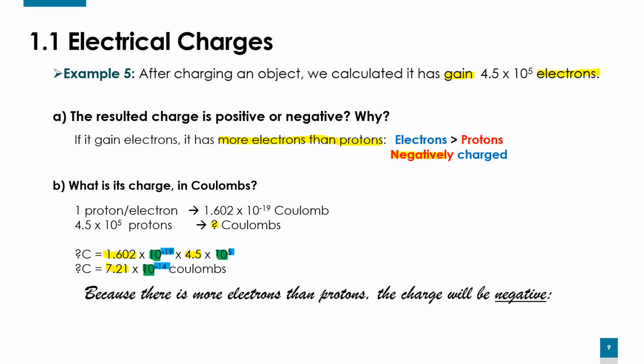Because there are more electrons than protons, my charge will be negative, right? So the number that I got from the calculation, which sign do I need to put before it? Positive or negative? Negative. So I need to put the negative sign first. Okay, why? Because it will be negative. It's going to be negatively charged, so I need to put the minus over there.